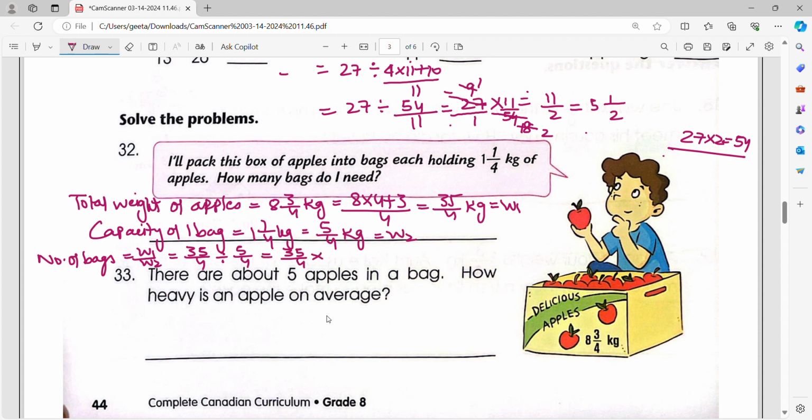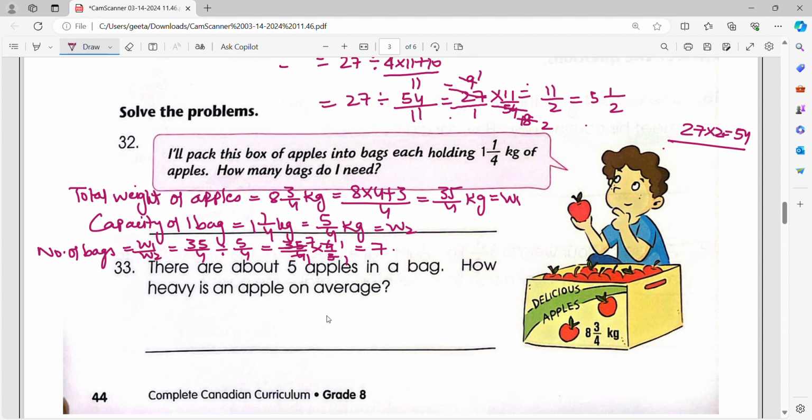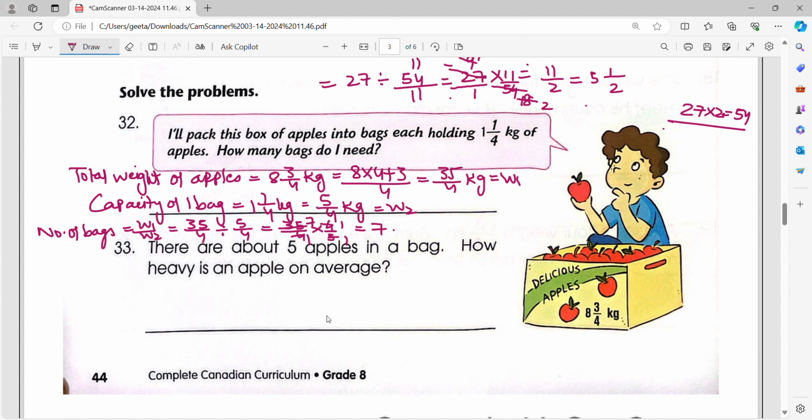If I have to convert this divide into multiply, what will happen to 5 by 4? It will become 4 over 5. Very good. So 5 sevens are 35, 4 and 4 cancel. I hope that is visible to you. Yes, sir. So the answer is 7. So how many bags would be required? 7 bags.